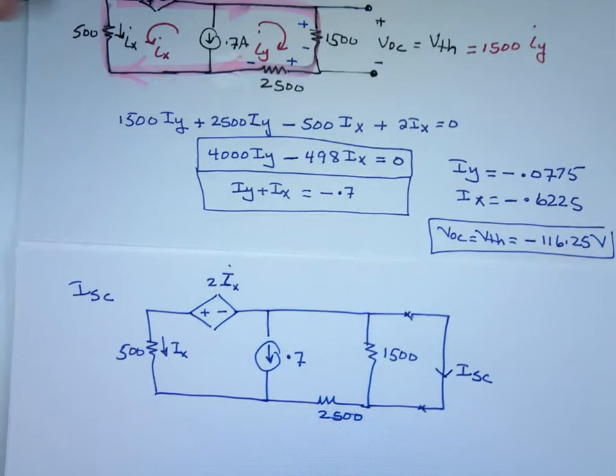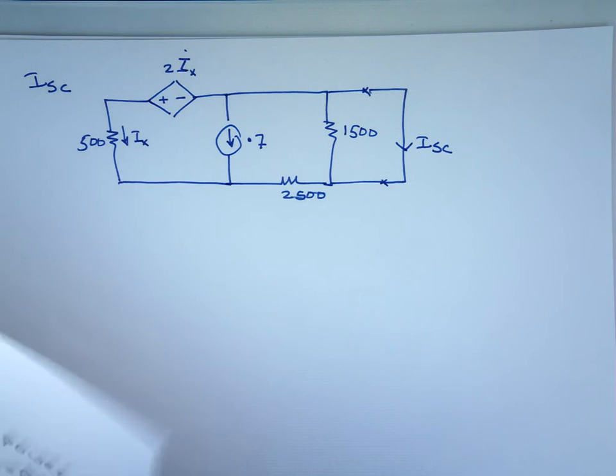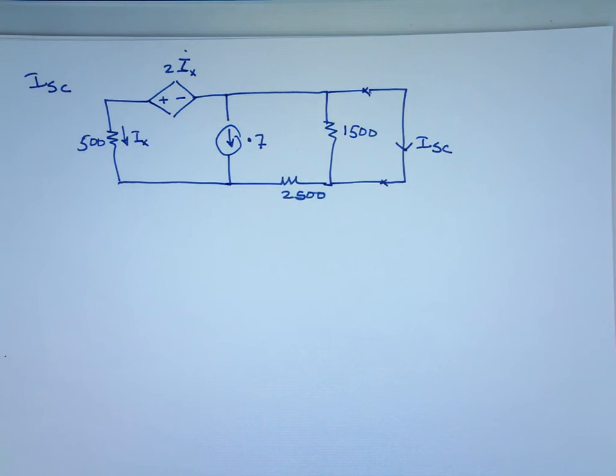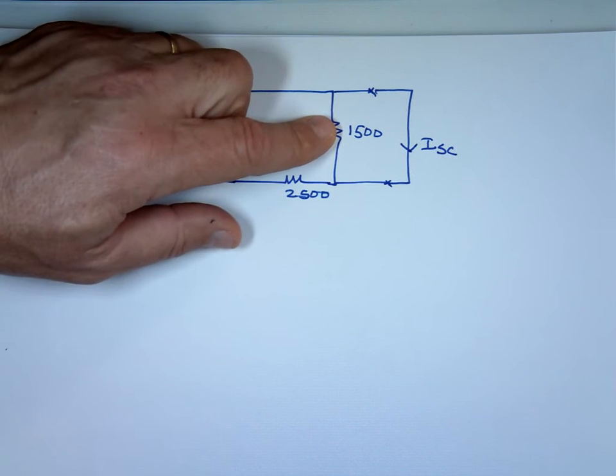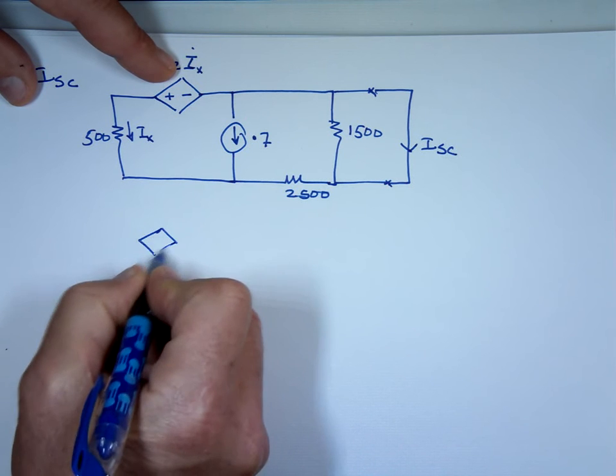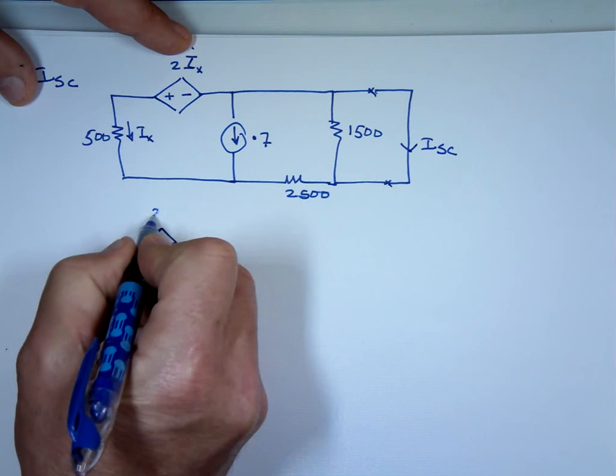What is that short circuit wire going to do to the 1,500 ohm resistor? That's gone, right? That resistor is gone. So my circuit will look like this.